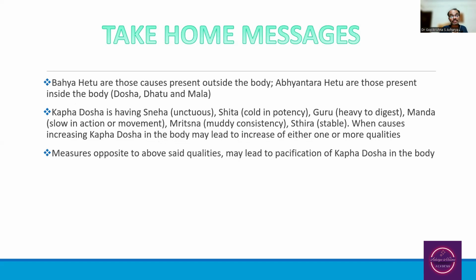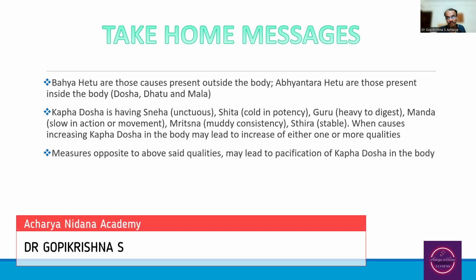So the take-home messages from today's discussion are: Bahya hetus are those which are present outside the human body, whereas Abhyantara hetus are those which are present inside the human body. So that means whatever the descriptions that are told in the Kapha Dosha Prakopa Karana, they are considered to be the Bahya hetu.